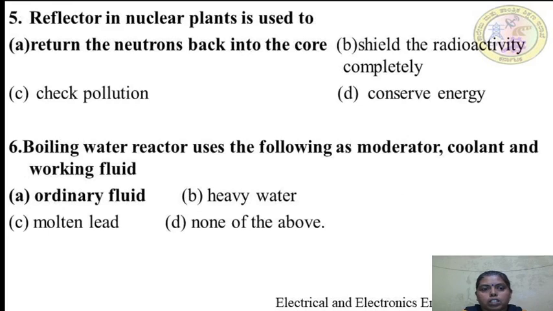Fifth, the reflector in nuclear plants is used to: A. return the neutrons back into the core, B. shield the radioactivity completely, C. check pollution, D. conserve energy.